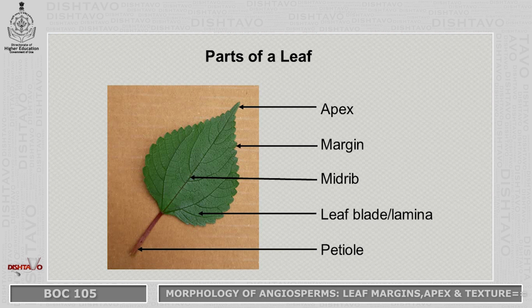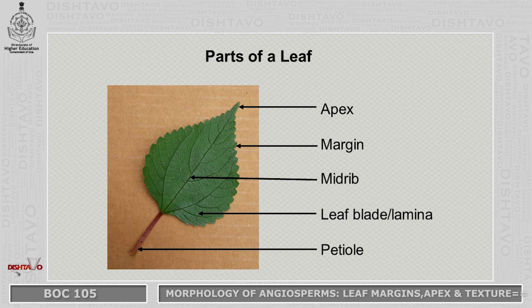Before we begin with the topic, let us first understand the parts of a leaf. A leaf is typically differentiated into a petiole and the leaf blade or lamina. Petiole is the stalk that connects the leaf to the stem of the plant, while leaf blade or lamina is the outermost flat part of the leaf, which is normally green in color.